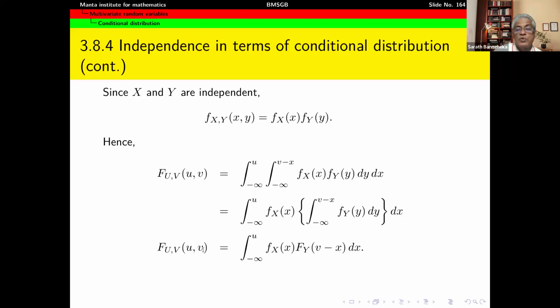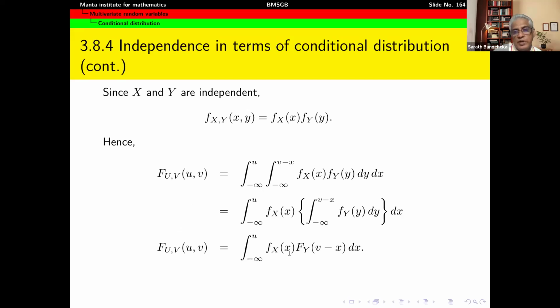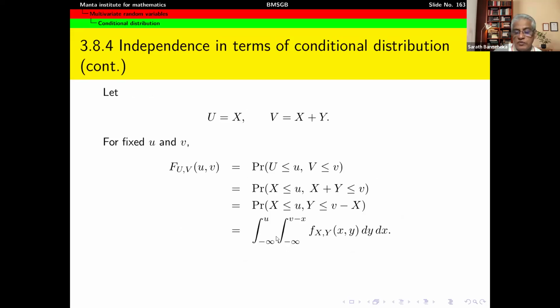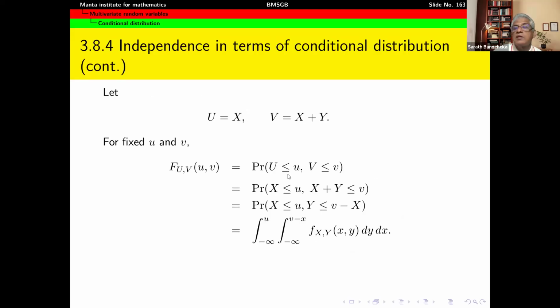For that we have to use a mathematical theorem called the fundamental theorem of calculus. So that is one method. After this, I'm going to give you another way of coming to the same position here, using the conditional distribution. Here we are just looking at this one.